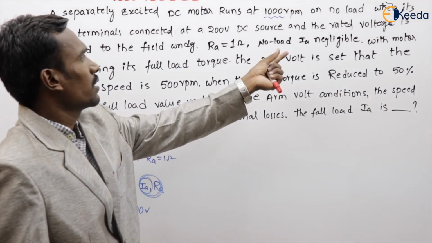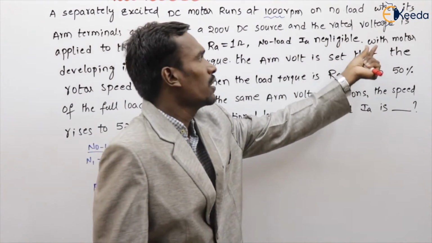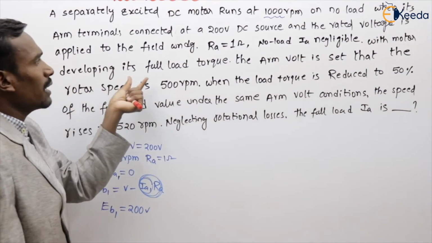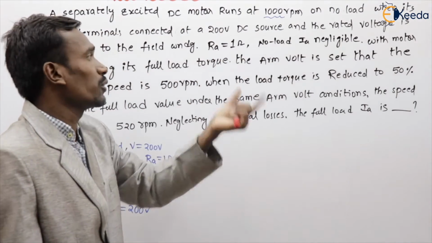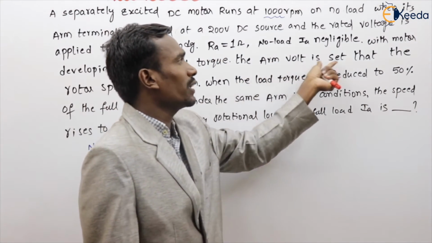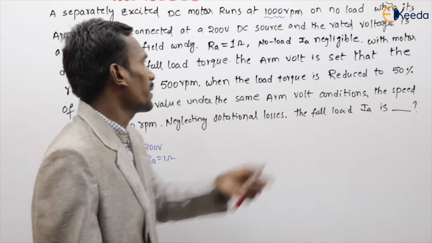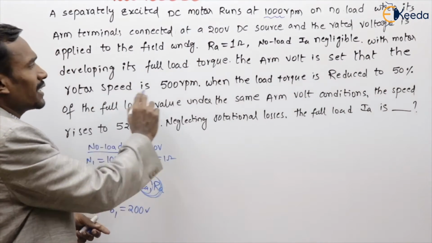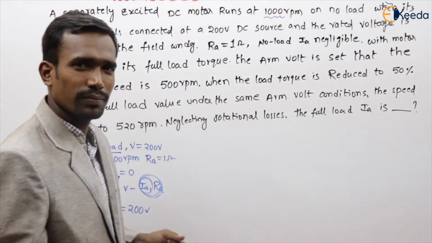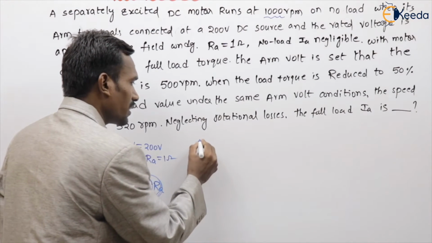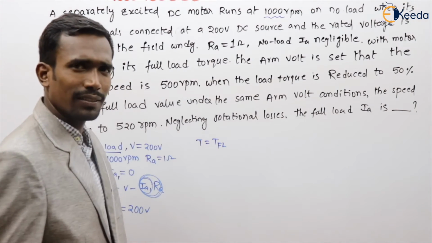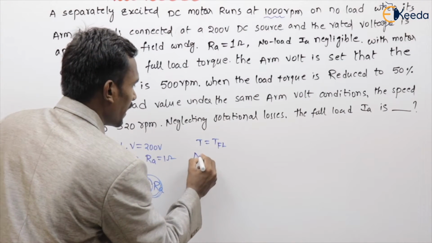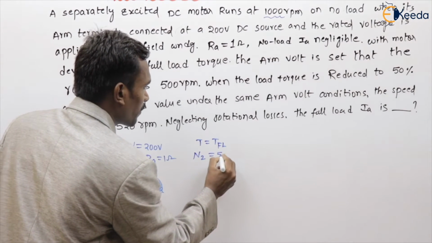Next, with the motor developing its full load torque, the armature voltage is set so that the rated speed is 500 rpm. Here the torque is the full load torque and the speed is 500 rpm.